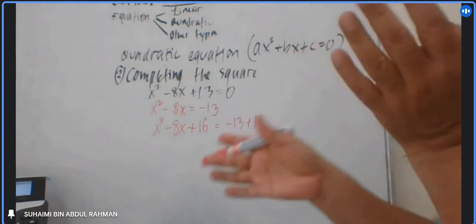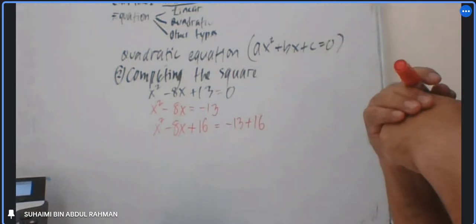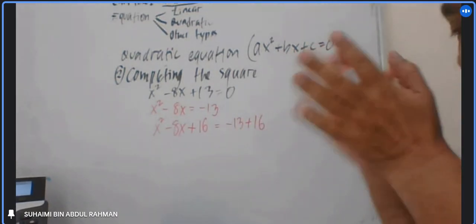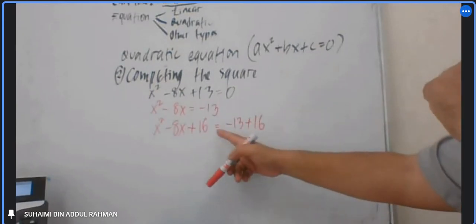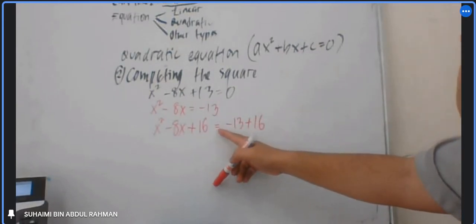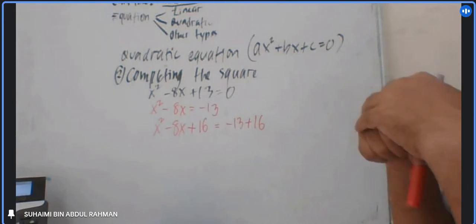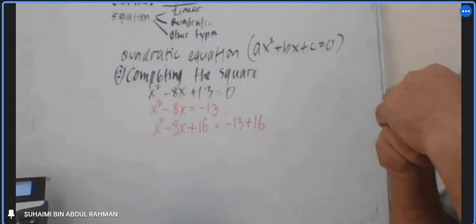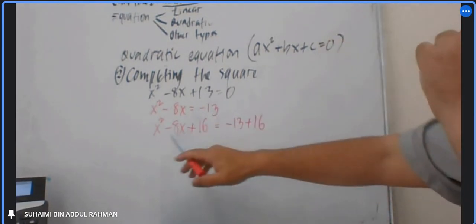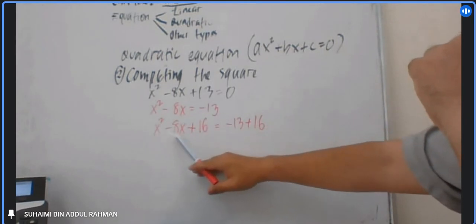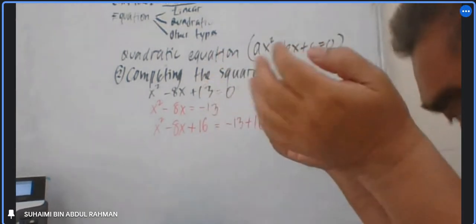Whatever we do on the left, we have to do on the right. Why? To make sure that it's equal. Otherwise, it is not equal. Okay, x squared minus 8x plus 16.